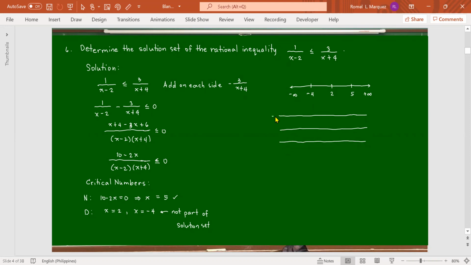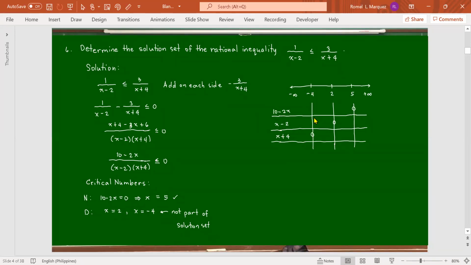The first is 10 minus 2x, the second is x minus 2, the third is x plus 4. 10 minus 2x is equal to 0 when x is 5, so we mark 0 here. And then x minus 2 is 0 when x is 2, while x plus 4 is 0 when x is negative 4.